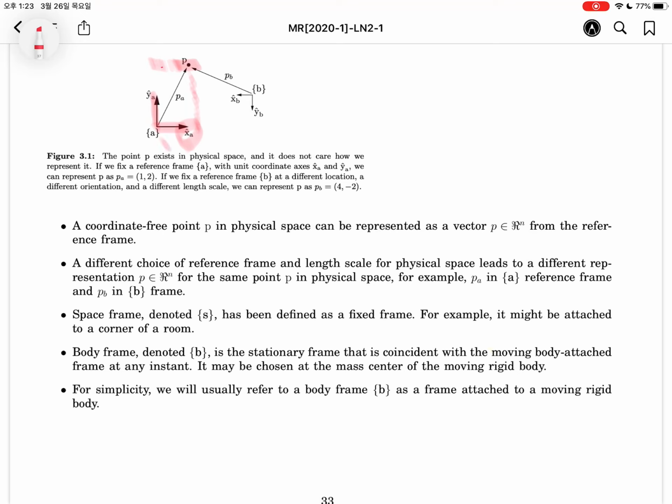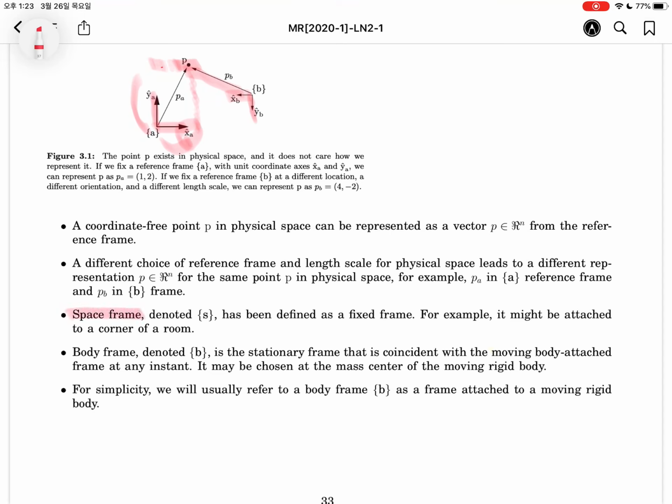So the coordinate-free point P can be described as numerical values using the frame A. On the other hand, if we attach another coordinate frame B, XB and YB, then we can get another description of the point P position.